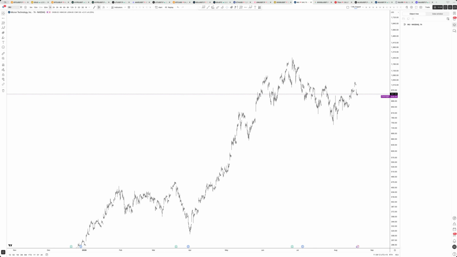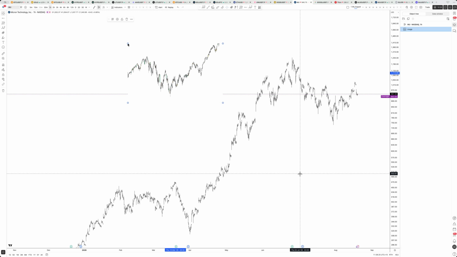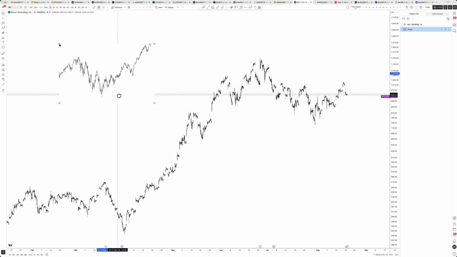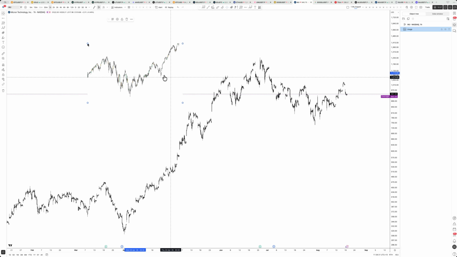Okay. Let's see how we look. Looks very similar, don't you say? So we have this strong level.